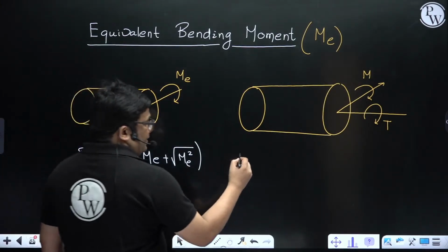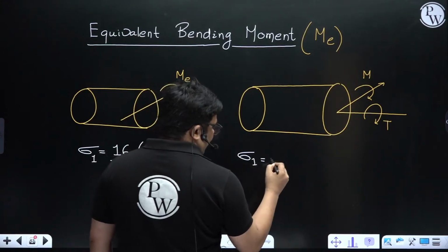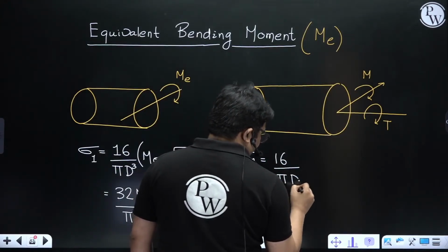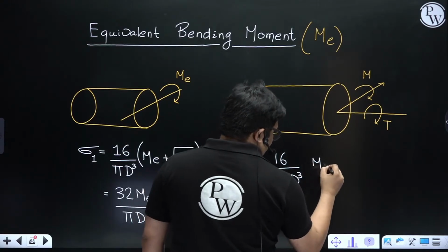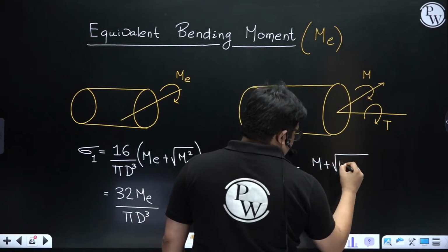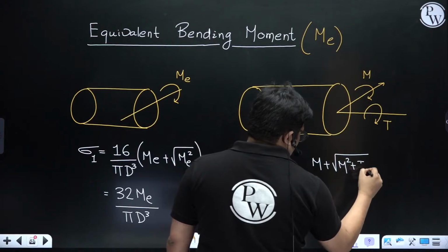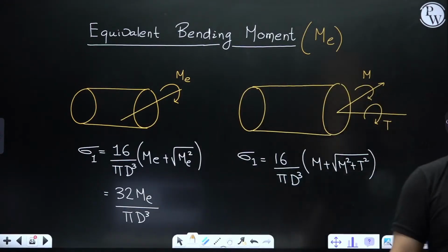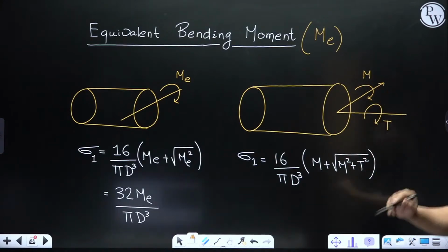And what is the sigma 1 here? The sigma 1 here is 16 by pi d cube, M plus root under M square plus T square, because both M and T are acting. So what is this equivalent bending moment?